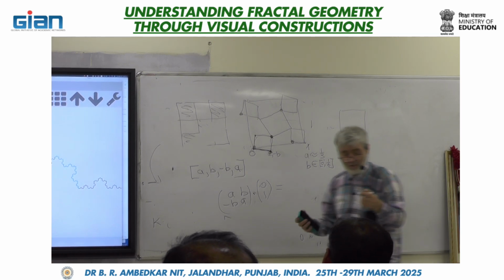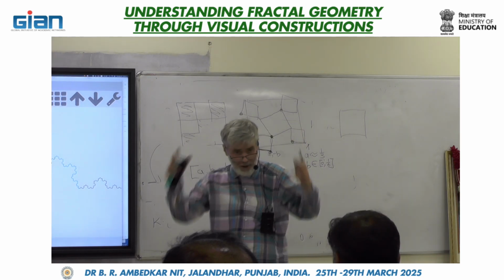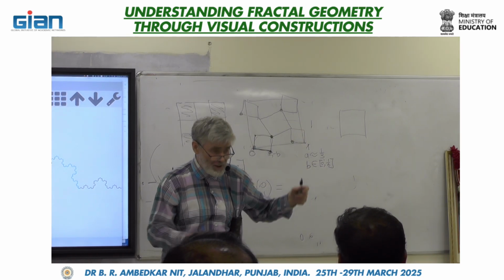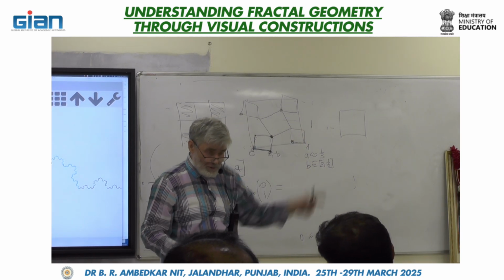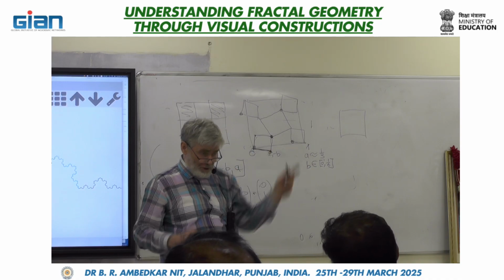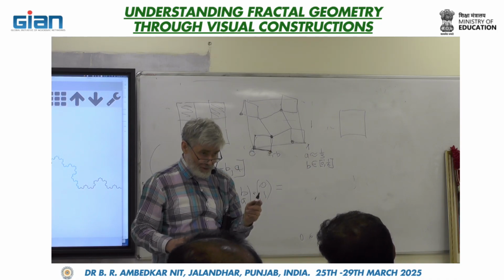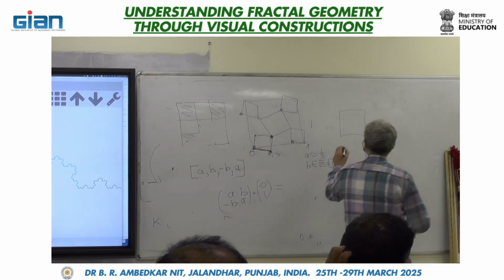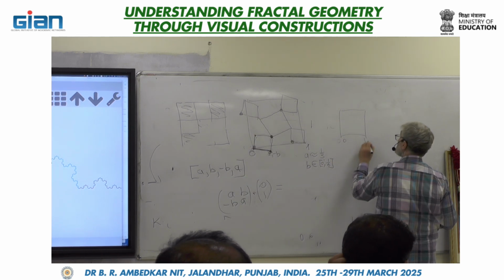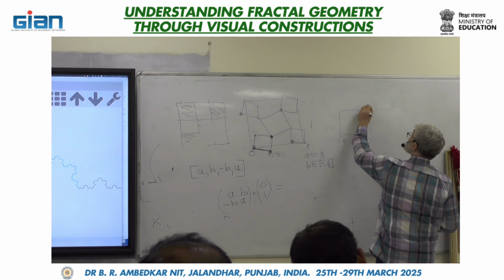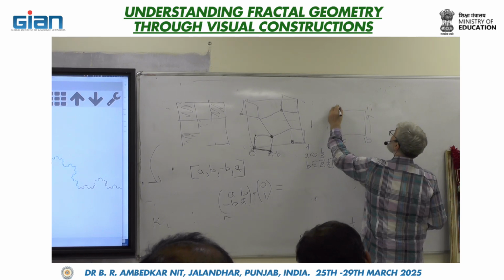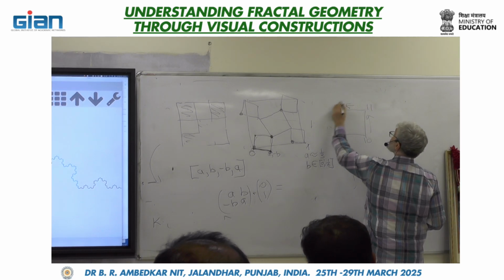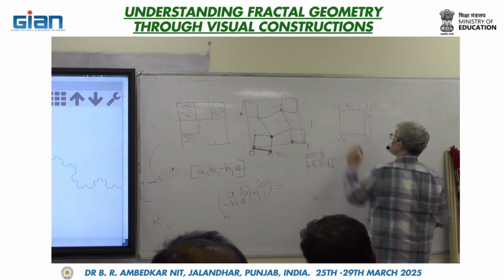Can you write the transformation which sends the unit square to itself, but rotates its vertices? Do you understand? So it sends 0, 0 to 1, 0, 1, 0 sends to 1, 1, and 1, 1 sends to 0, 1.